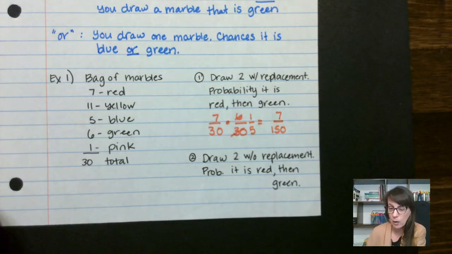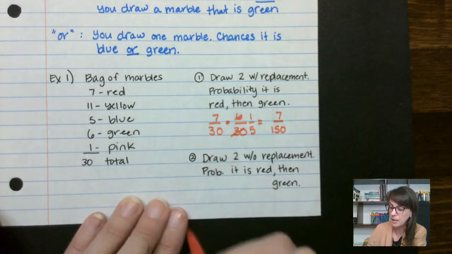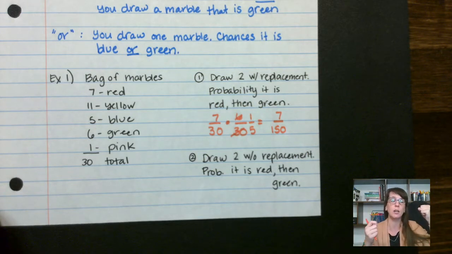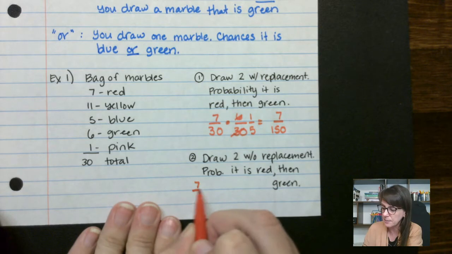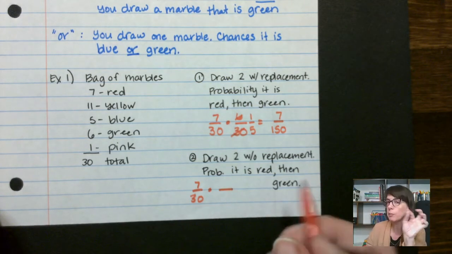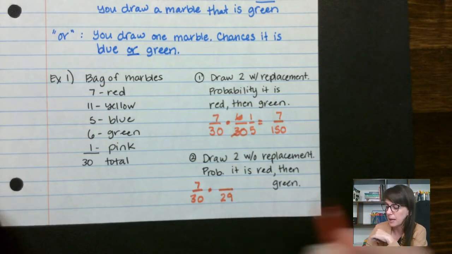Now let's talk about without replacement. We're going to do the same thing, but this time we're going to reach into the bag. What's the chance that we draw red, hold it, and then reach in and draw another one, and that is going to be a green. So our red is still the same, 7 out of 30, and we're still multiplying because we're doing this and this, right? We want the red and the green, so we're multiplying. But this time we're not replacing it, so there's only 29 marbles in the bag.